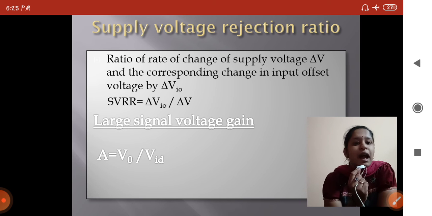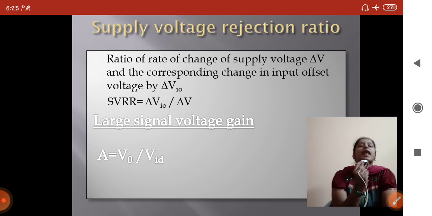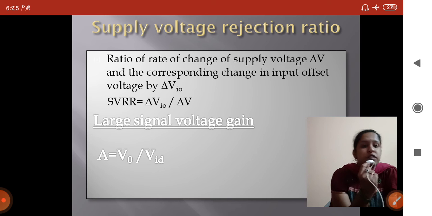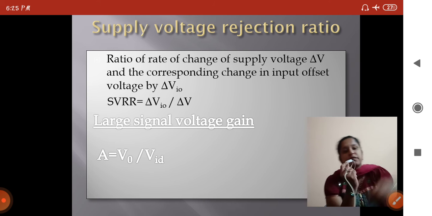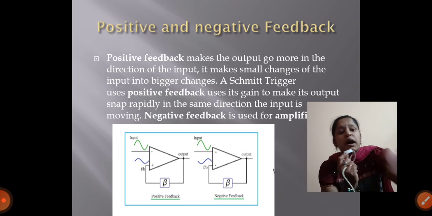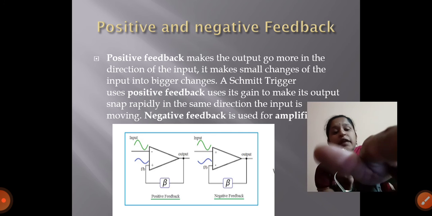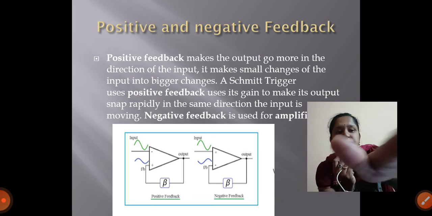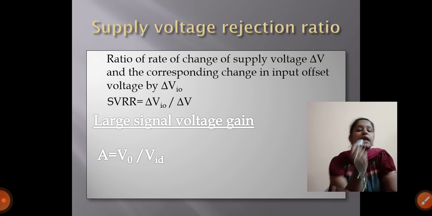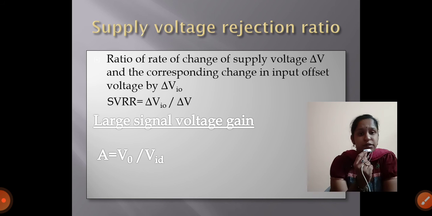Right? Next, the large signal voltage gain. As per your ideal characteristics, you have studied that the gain is infinity.